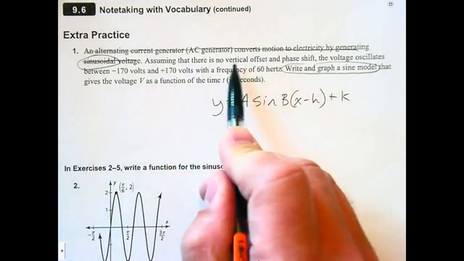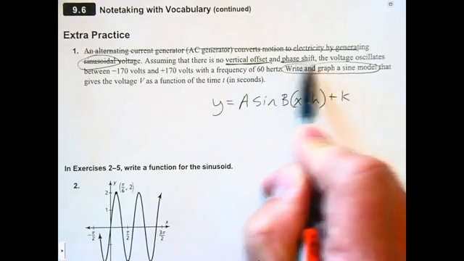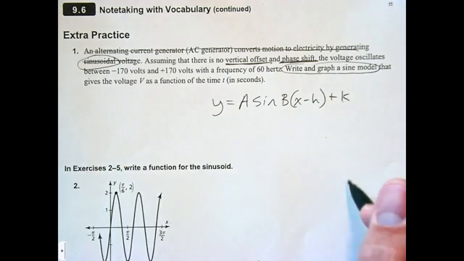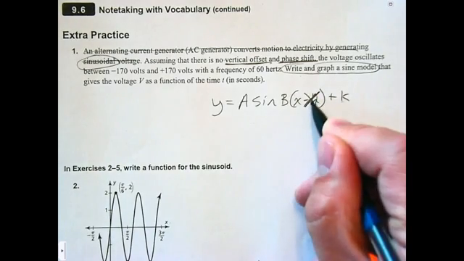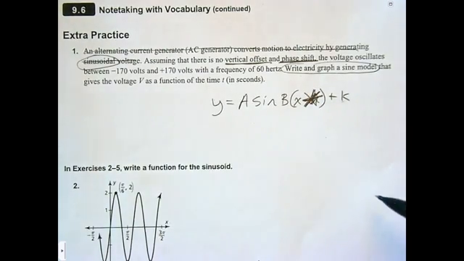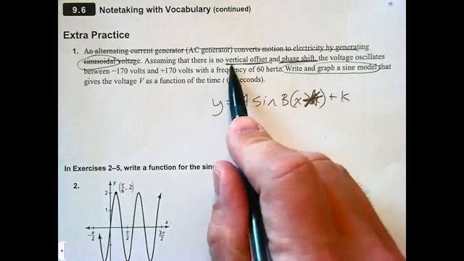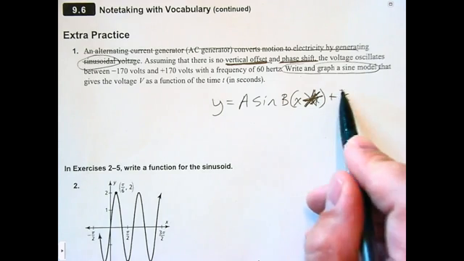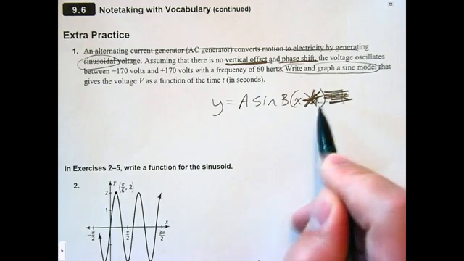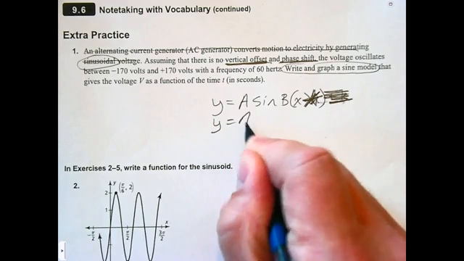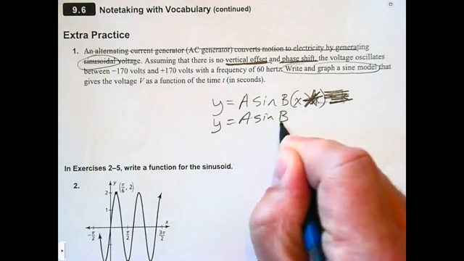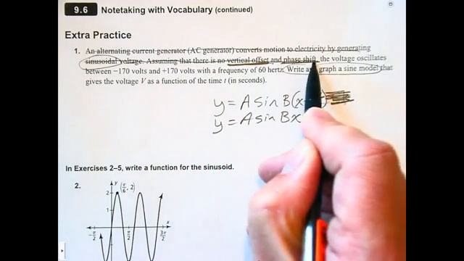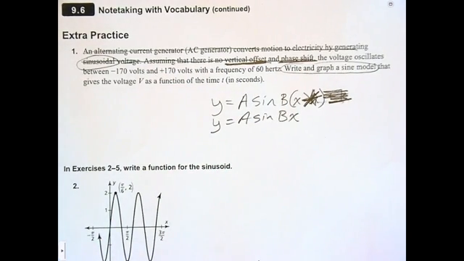Assuming that there is no vertical offset and phase shift, which one of these is a phase shift? h is your phase shift. There is none of that, we can get rid of that. There is no vertical offset, meaning it is not translating vertically, which means k, we can get rid of that. So really we are now down to this. Now we can also get rid of that. Woohoo! Our problem is half as long.